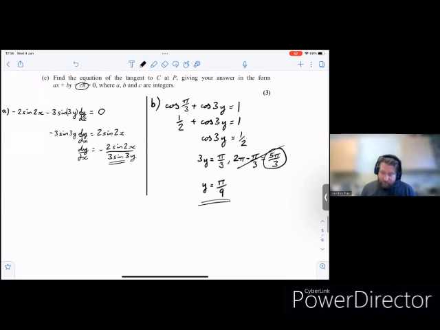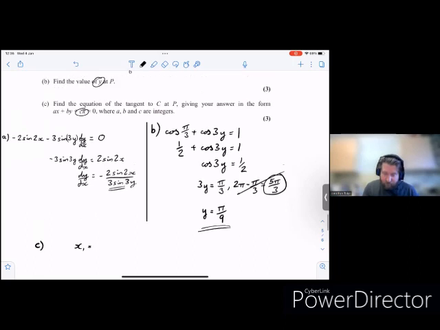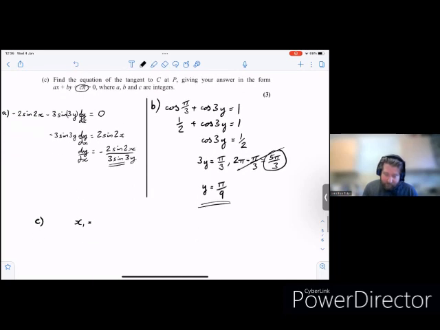So for part C then, x1 is the x coordinate of P, which was given to us, it's pi over 6. y1 will be the term we worked out in part B. So we've got x1 and y1, we just need to find m.